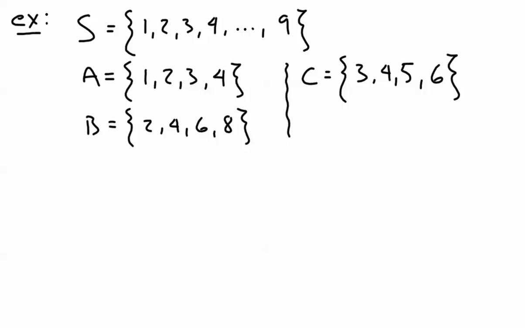So let's do some simple set operations. First of all, the complement of A is simply all those elements in S that are not in A. So that would be a collection of elements 5, 6, 7, 8, 9, very simply.